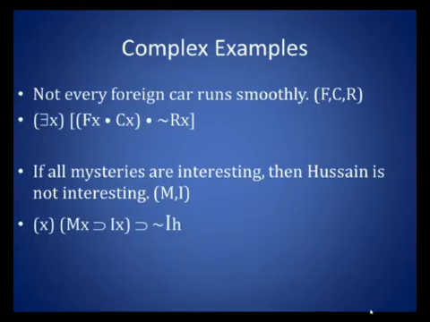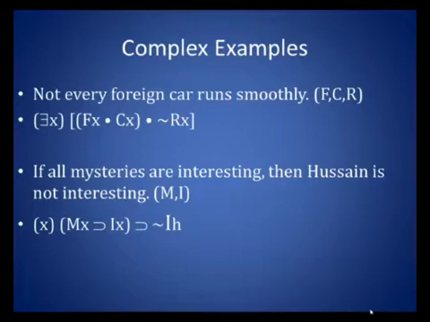So it will be translated this way. Remember, all universal statements will be translated as conditionals. So look at the first half. I have for all X, if X is a mystery, then X is interesting. Right? Notice my consequence says, if that's the case, then Hussein is not interesting. So my conditional universal claim is the antecedent to the larger conditional that has Hussein is not interesting as its consequent.